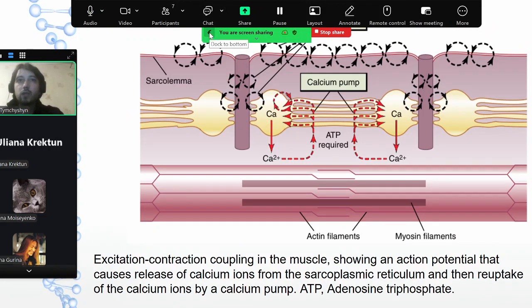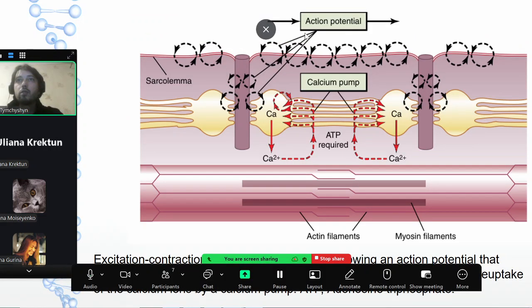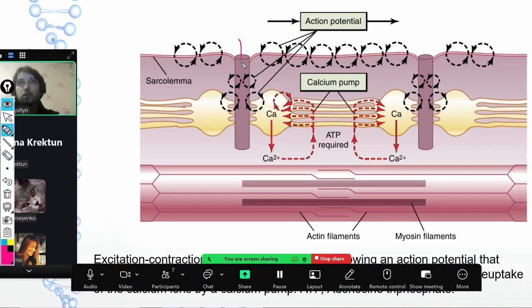Good. Here is one more image for you, an action potential propagating along that muscle fiber. Here you see the T-tubules, so the action potential is able to propagate inside of those tubules. This thing is a triad, what we saw on the previous images and what was written down.